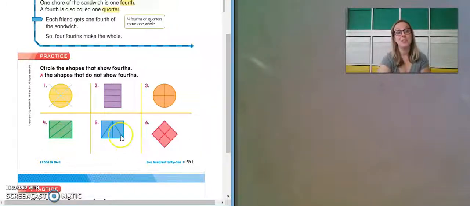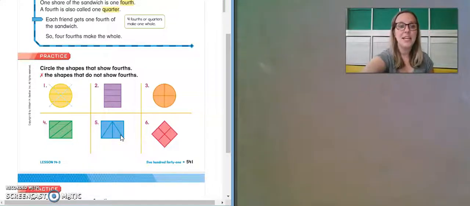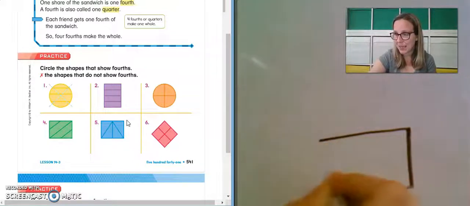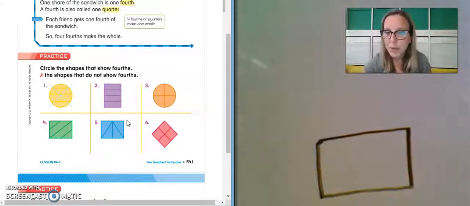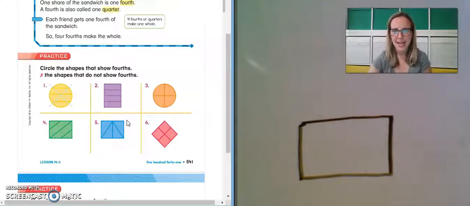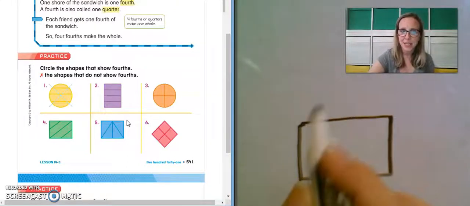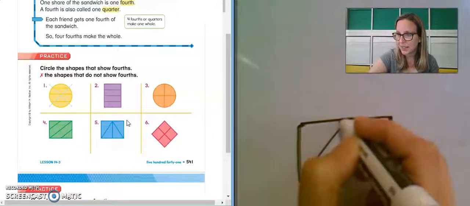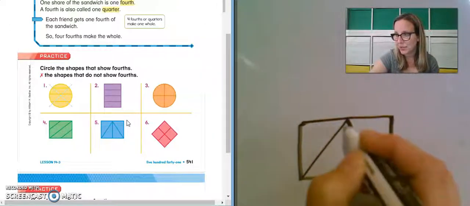Now, number 5, they're trying to trick us, and I'm going to show you why over here on the board. They've taken that rectangle and broken it into 1, 2, 3, 4 pieces. Now, at first glance, when we see that rectangle, we want to say that no, those are not equal amounts because it looks like I have different shapes. But what they've done is cut it into 4 triangles.